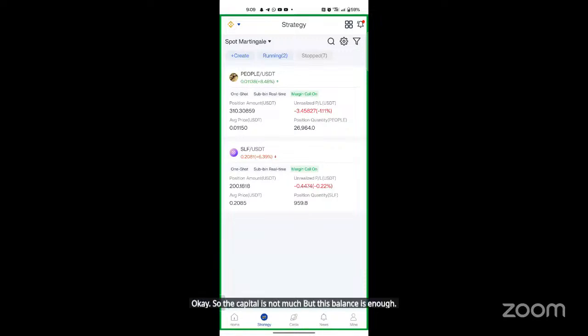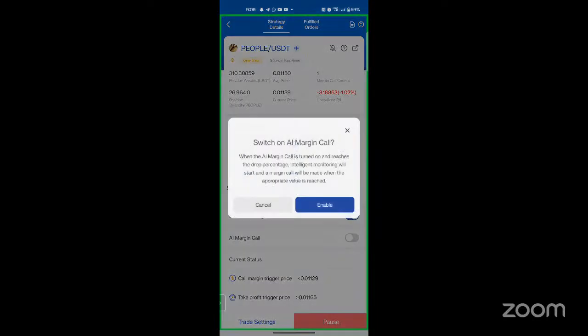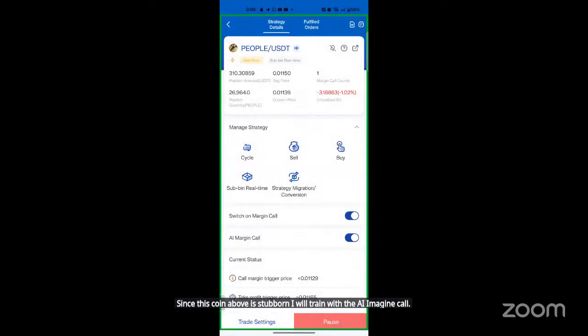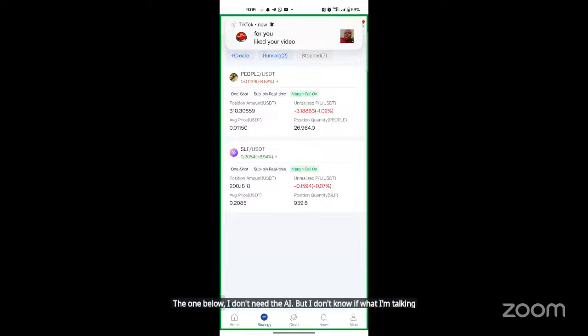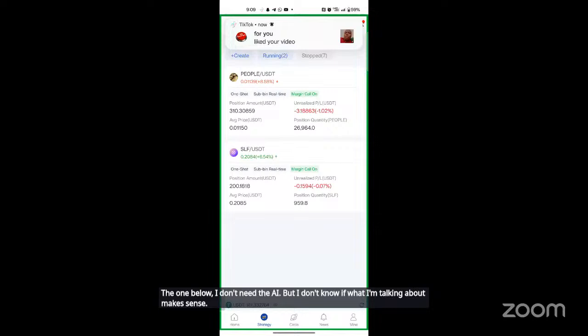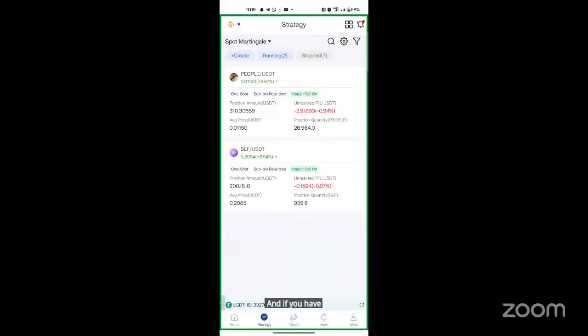Since this coin above is stubborn, I will trade with the AI margin call. The one below, I don't need the AI. But I don't know if what I'm talking about makes sense. And if you have $500 and you are not making some money, you are playing with an opportunity.